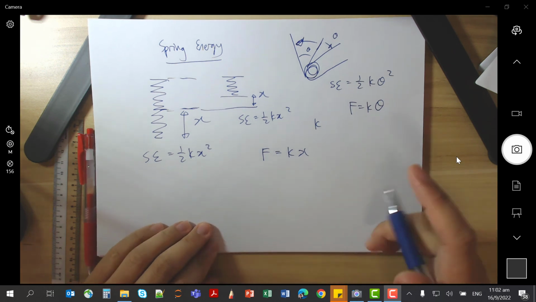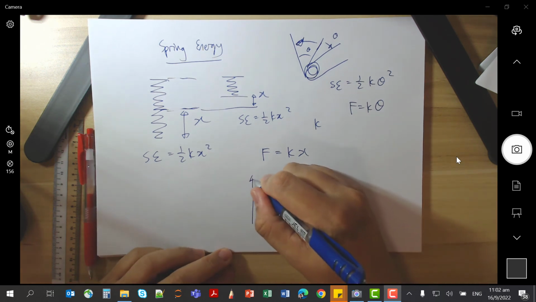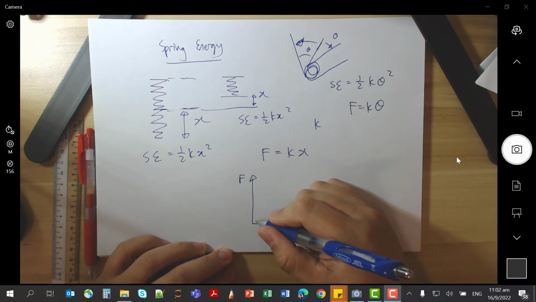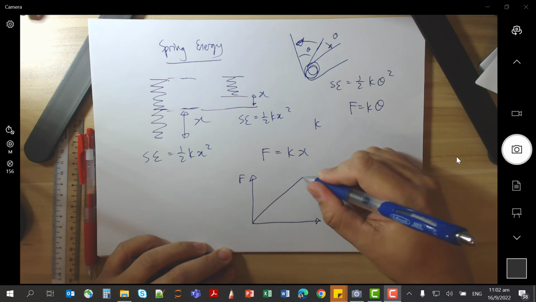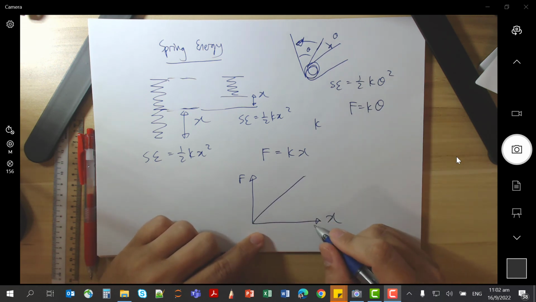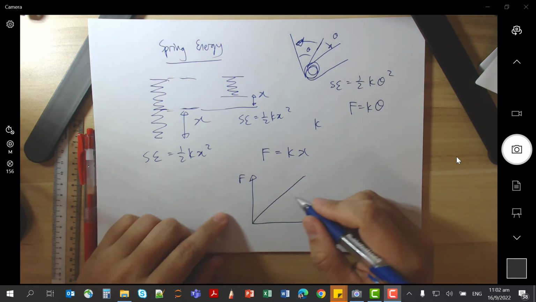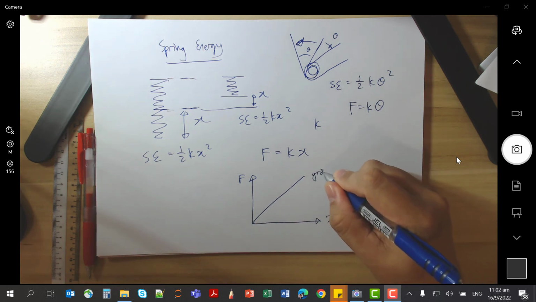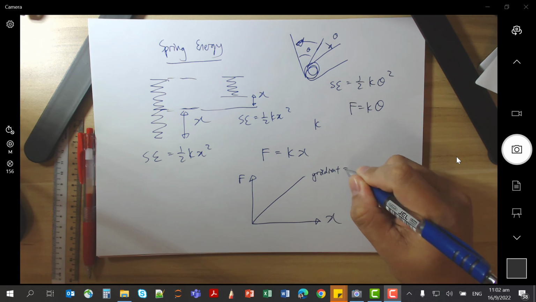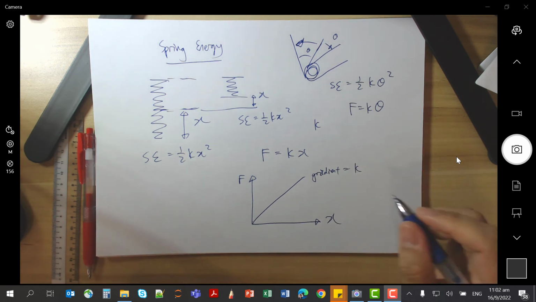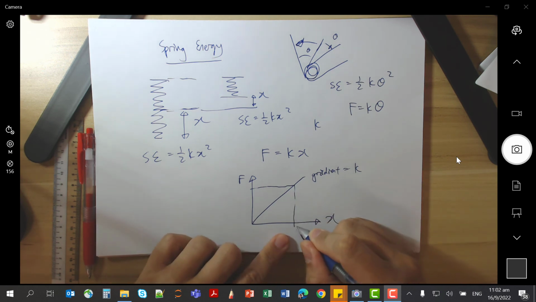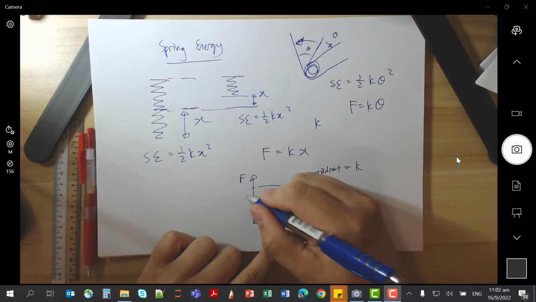And we have a spring force extension diagram, and the relationship is actually linear. The higher the extension, the more force you require, and the gradient is your k. If I want to stretch out this much, I need this force.